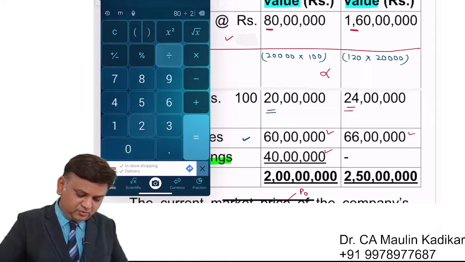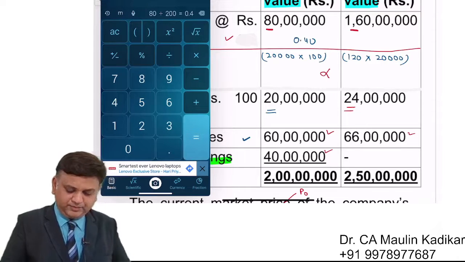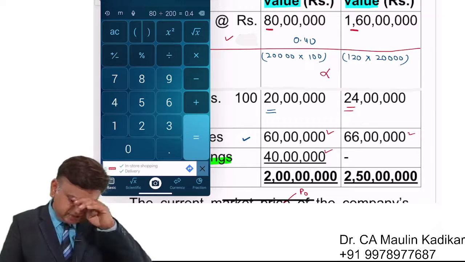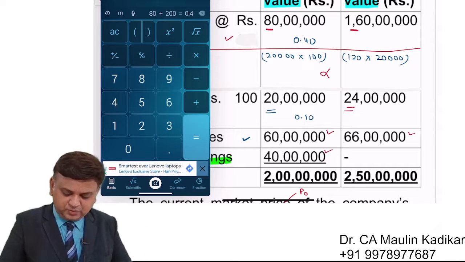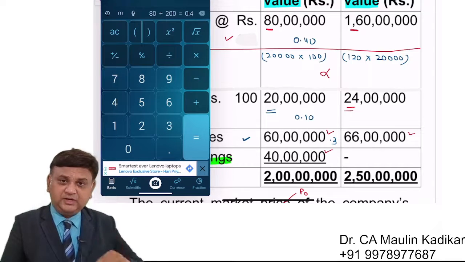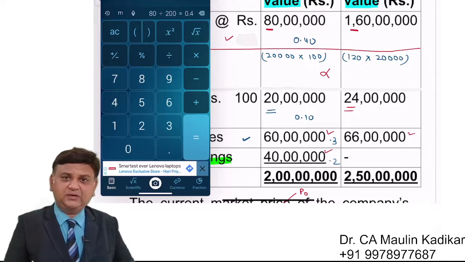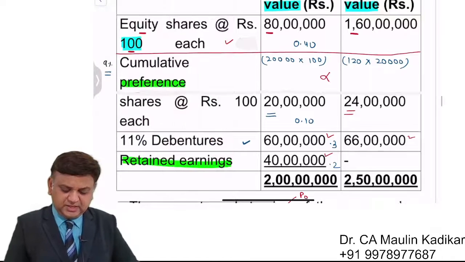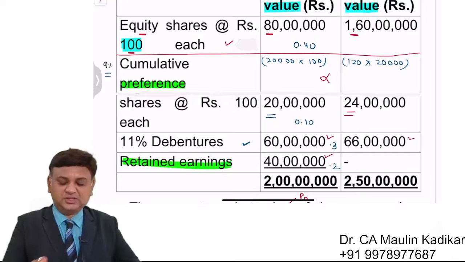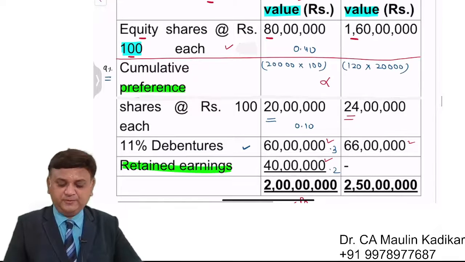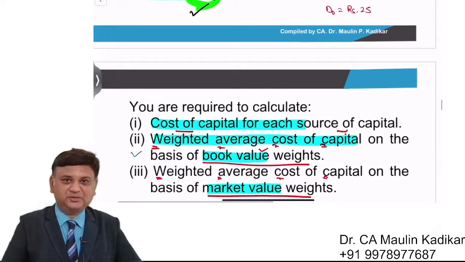So 80 divided by 200 comes to 0.40. 20 divided by 200 comes to 0.10. 60 divided by 200 comes to 0.30. 40 divided by 200 comes to 0.20. That is how the proportion is calculated for each source of finance. We already have the cost of capital, so weight into cost, weight into cost. The weighted average cost of capital will be found, and that is the answer for the second part of the question.